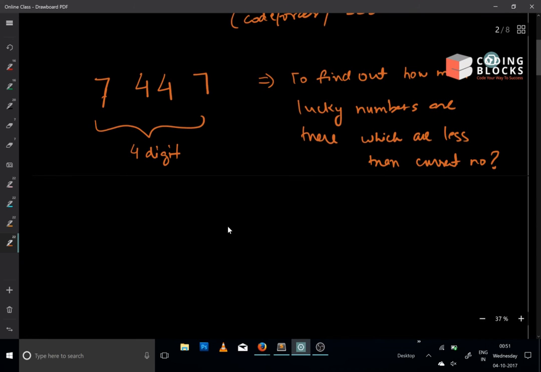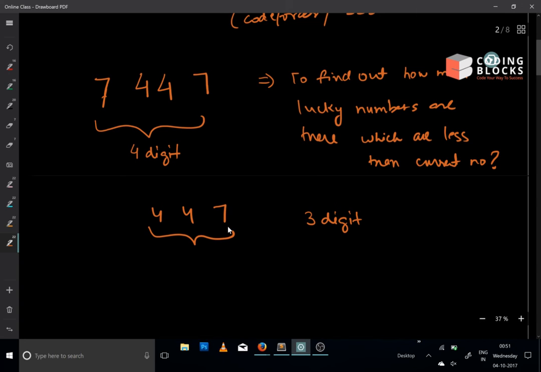So I can say if I remove the first digit of this series, all the 3-digit numbers will be lesser than the current number, right? So how many 3-digit numbers are there?